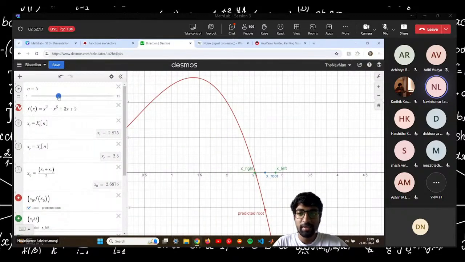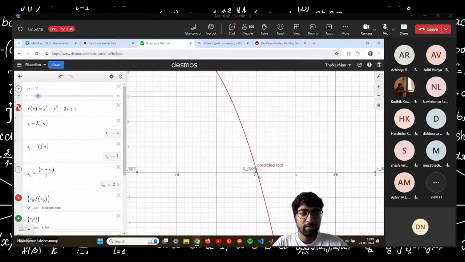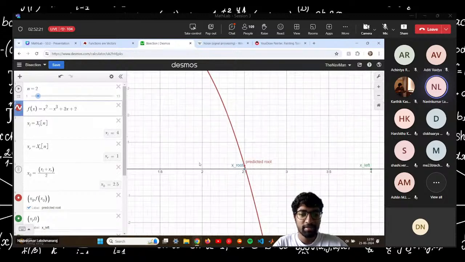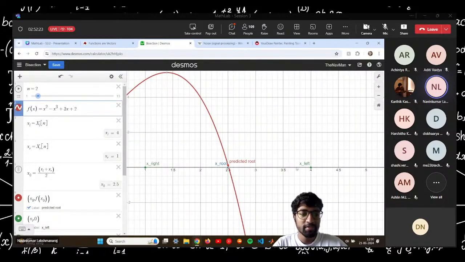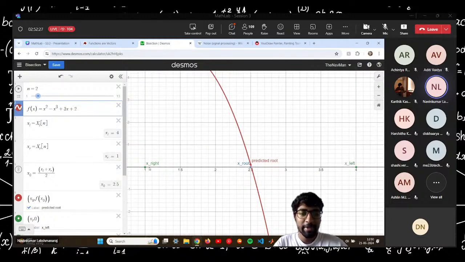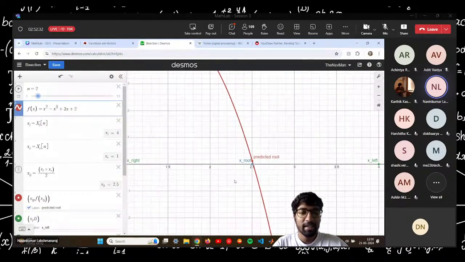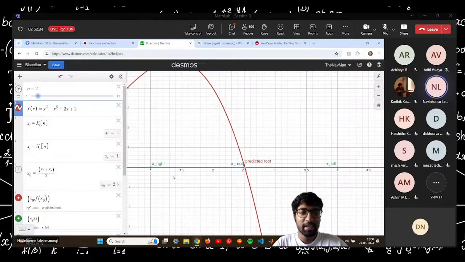Take for example here, the value of the function at x root is positive, and at x right it is also positive, whereas at x left it's negative. So you know that x right can be moved even closer. And even then, for the new x right, f of x right and f of x left will be of opposite signs. So you can be sure that there lies a root in between.